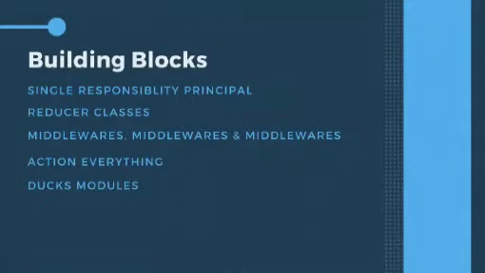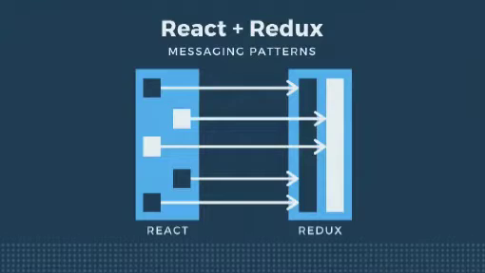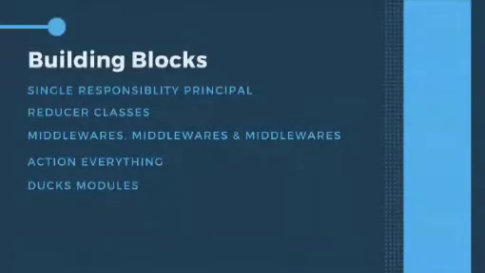Anyways, so what are the building blocks which I'm going to use to achieve this kind of a much cleaner, easier to reason about pattern in my application? So first thing is, it's more of a conceptual thing, which is called single responsibility principle, and I'm very sure you guys have heard about all the SOLID principles of software design and this and that.